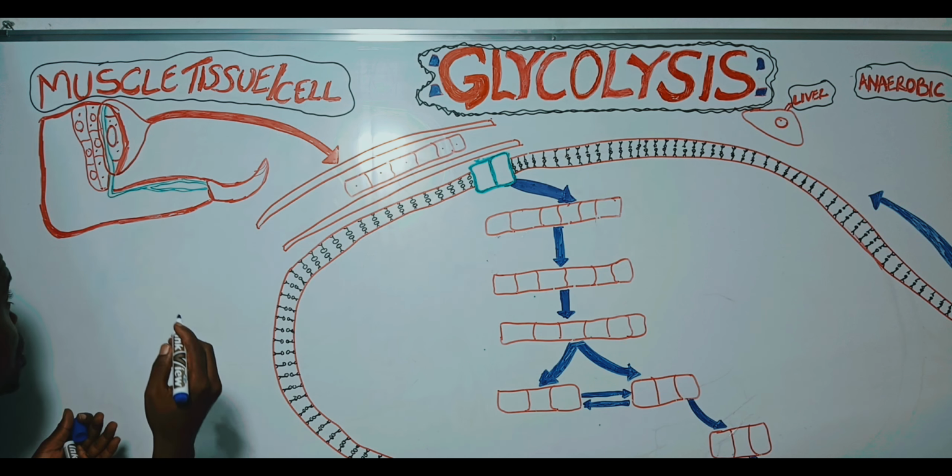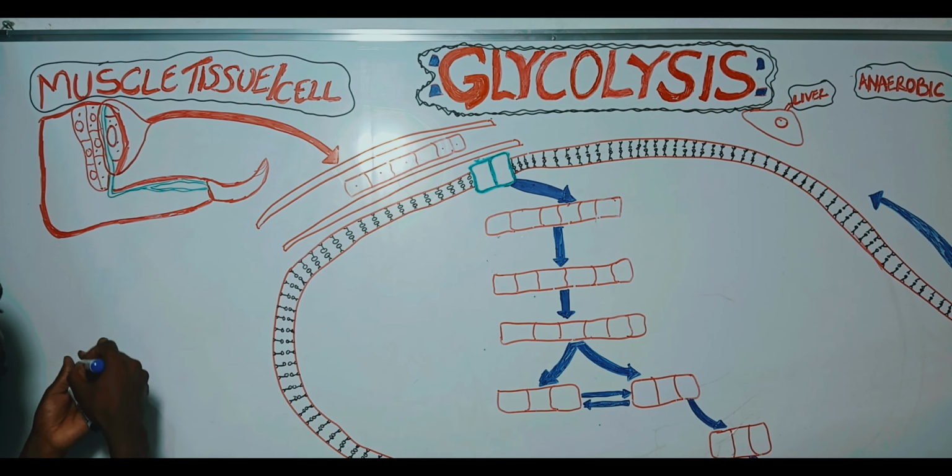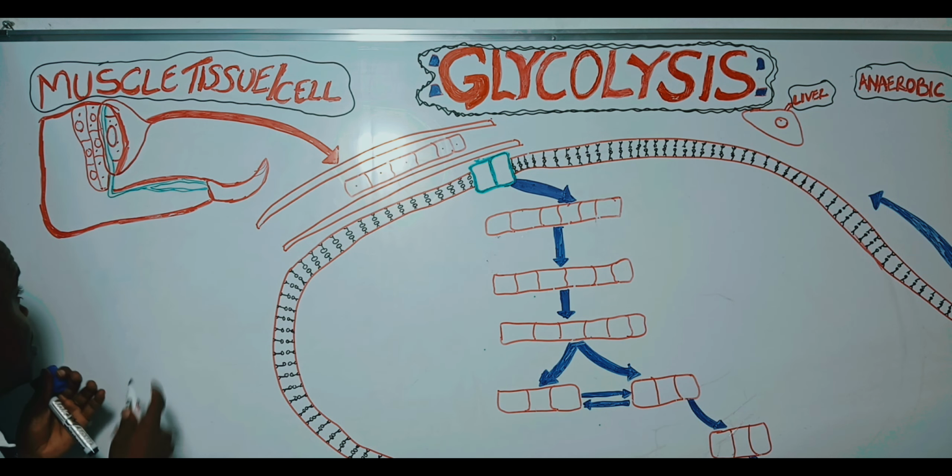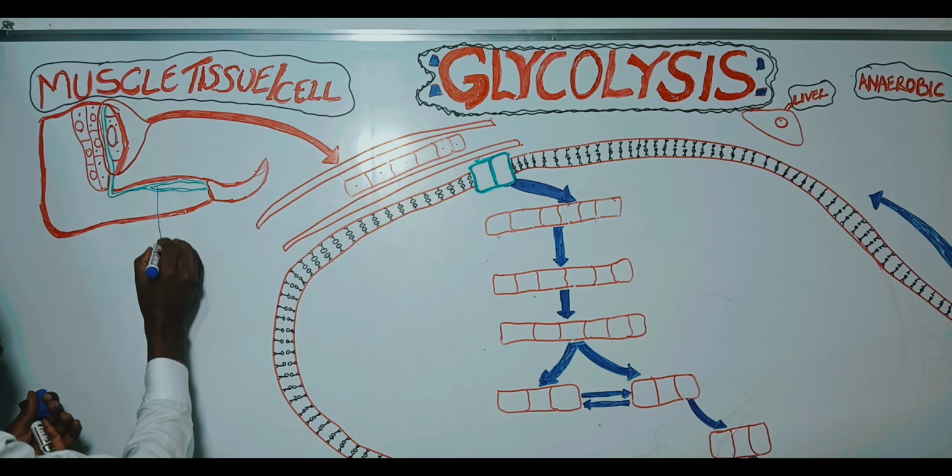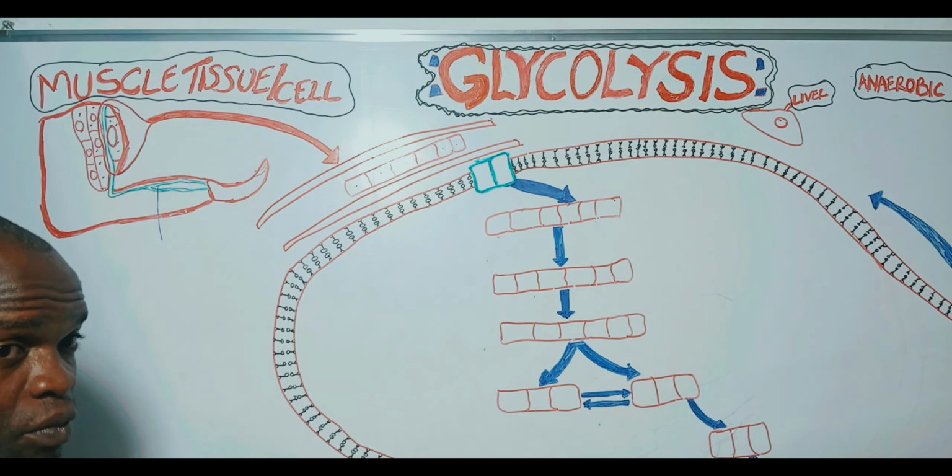Here we are seeing something in red. This one that we are seeing in red is a blood vessel. What's the name of the blood vessel?